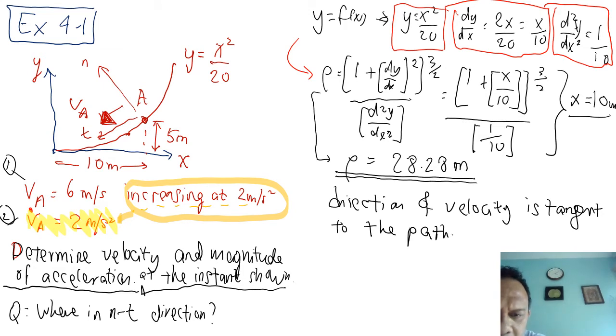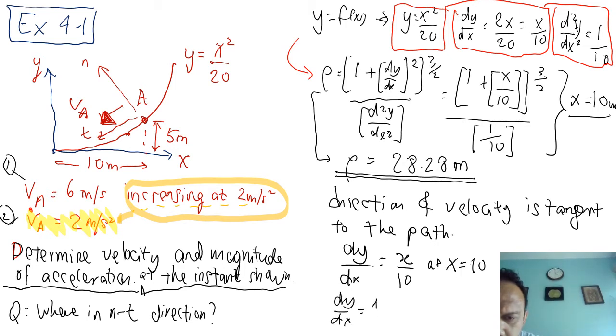So what is the value there? dy over dx equals x over 10, at x equals 10, dy over dx equals 1.